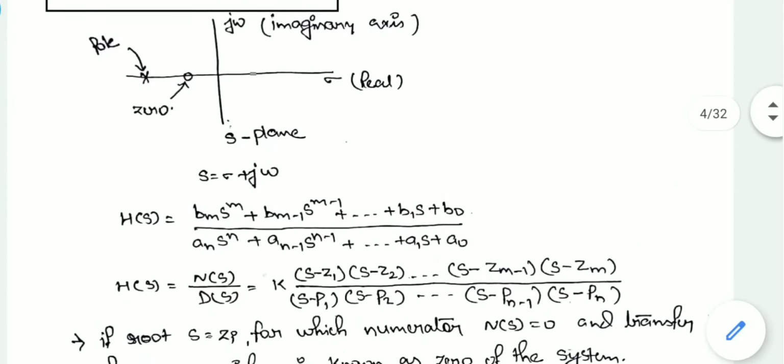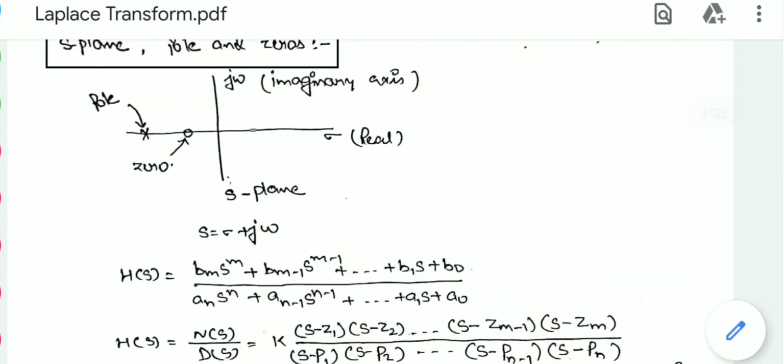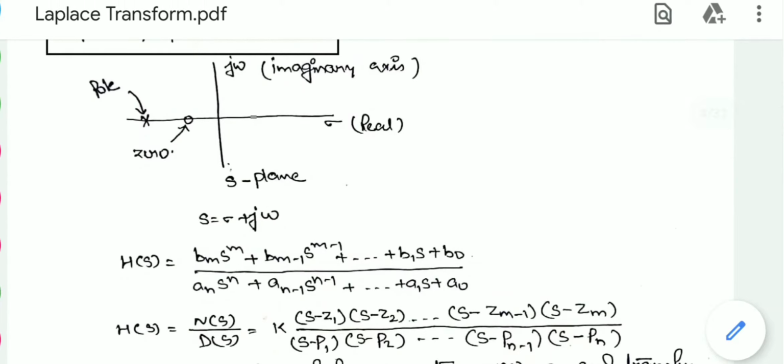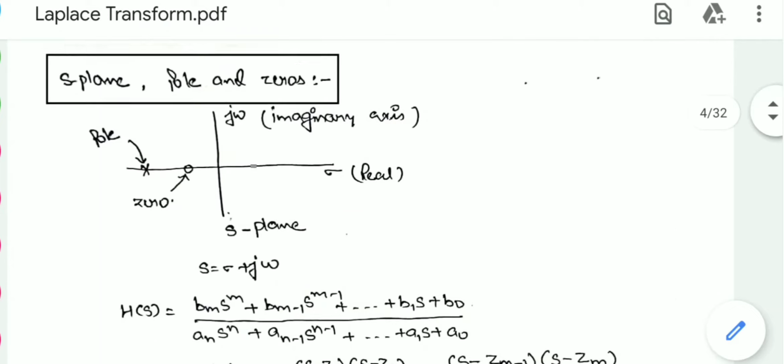As we know, the S-plane, where s is nothing but sigma plus j omega, where sigma is the damping factor and j omega is the frequency. Sigma represents the real axis and j omega represents the imaginary axis.